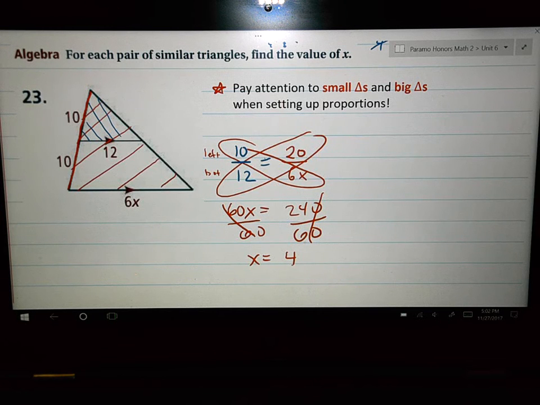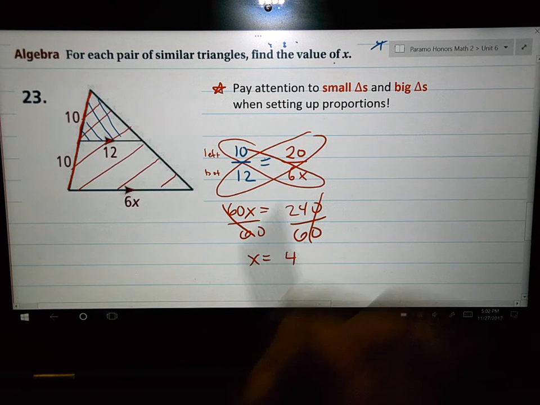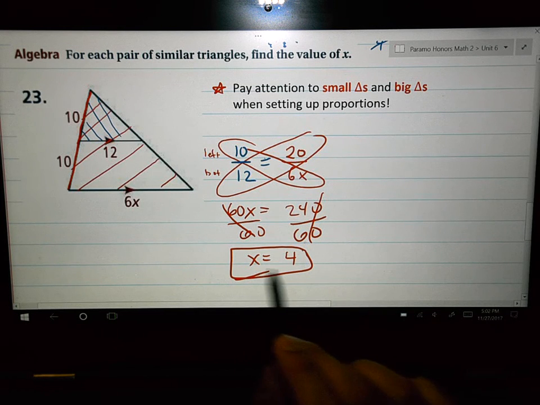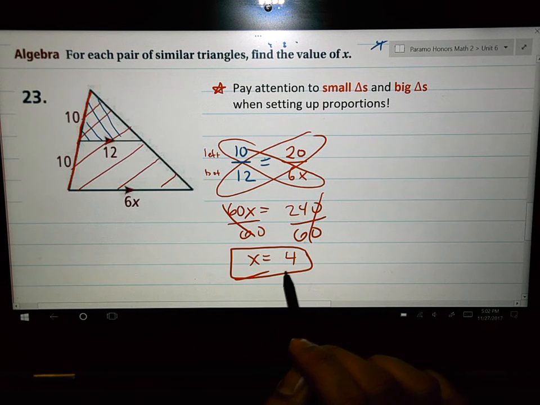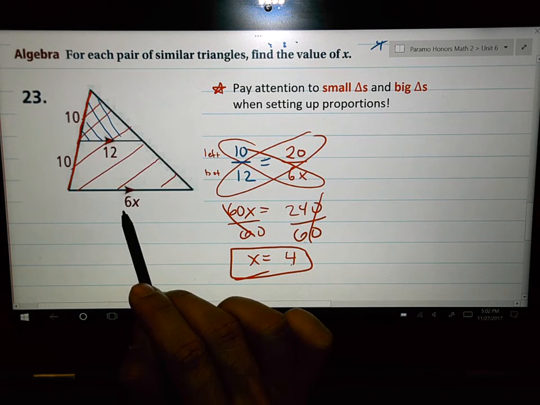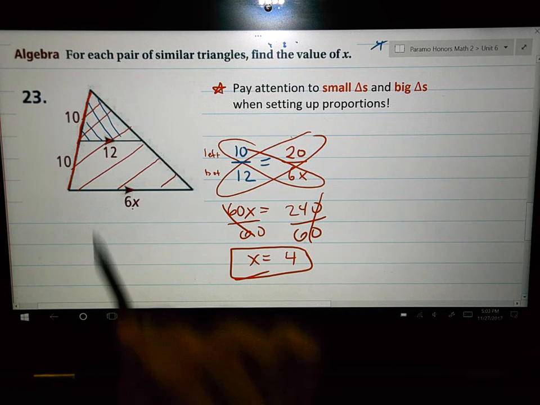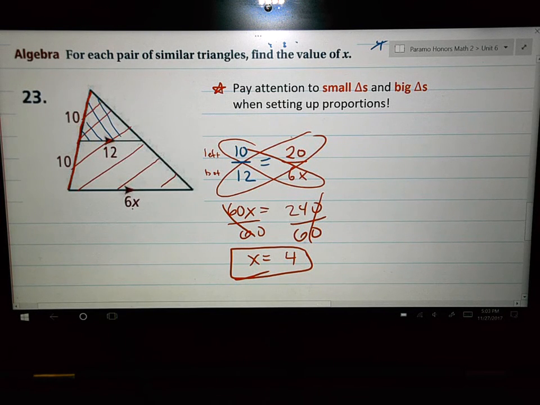Did I answer the question? Find the value of x. Yes, I did. I always say that because I didn't know if they want me to. Is 4 a reasonable answer? 6 times 4 is 24. Oh yeah, that makes sense. Then it makes it a mid-segment. That'd be perfect for that.